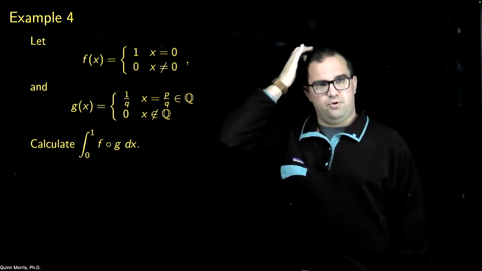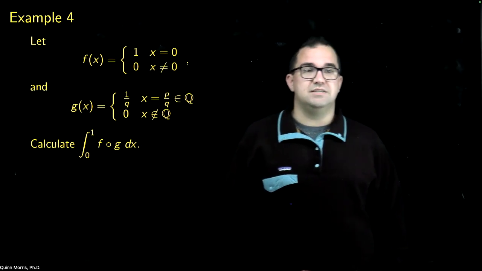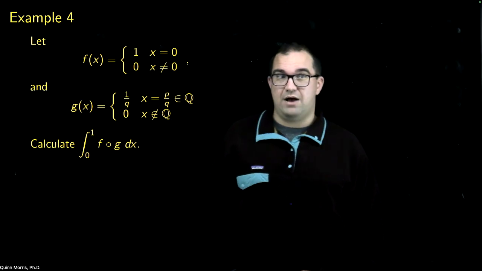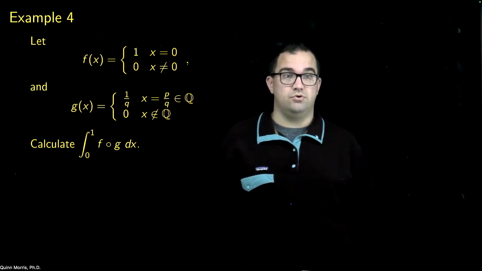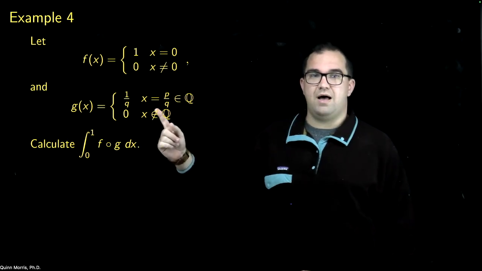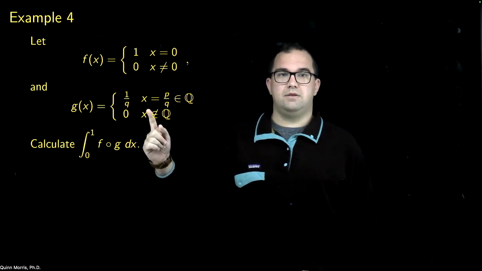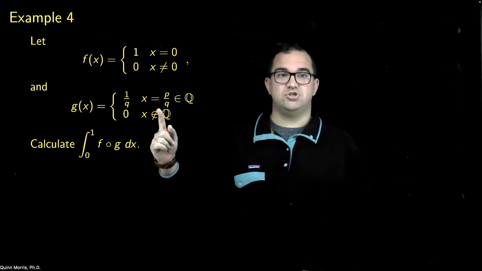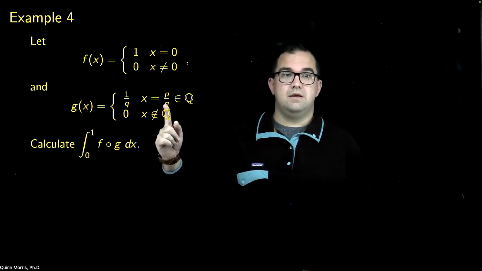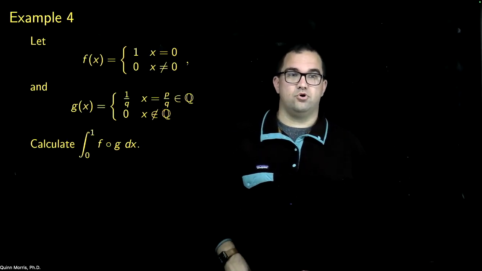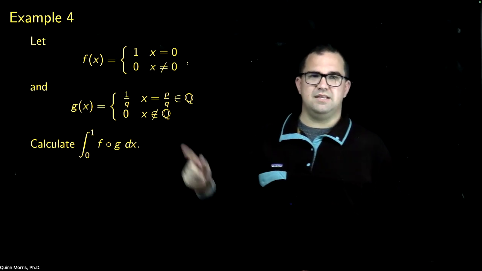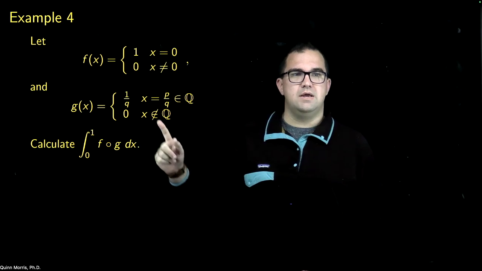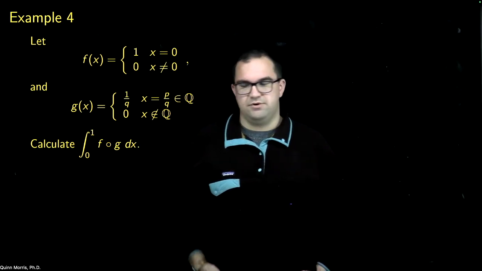So we saw, for example, that this function is continuous at every irrational value and not continuous at every rational value, okay? But this function is defined so that if you have an input x which is rational, and you express it as p over q in lowest terms, then this just returns 1 over q. If the number is irrational, it returns 0.